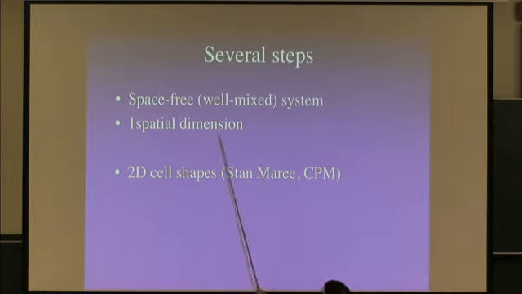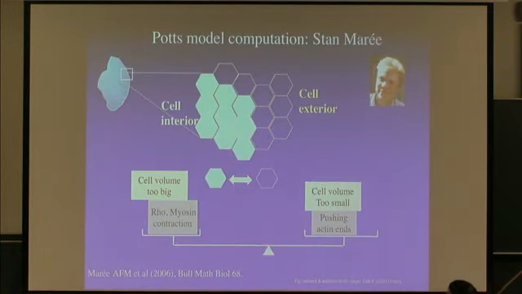For example, we first look at well-mixed versions of the equations, and then we look at one spatial dimension, and only then we look at more complicated geometries and so on. Because you can save yourself a lot of time by realizing things don't work well here and tweaking and refining them before you go on.